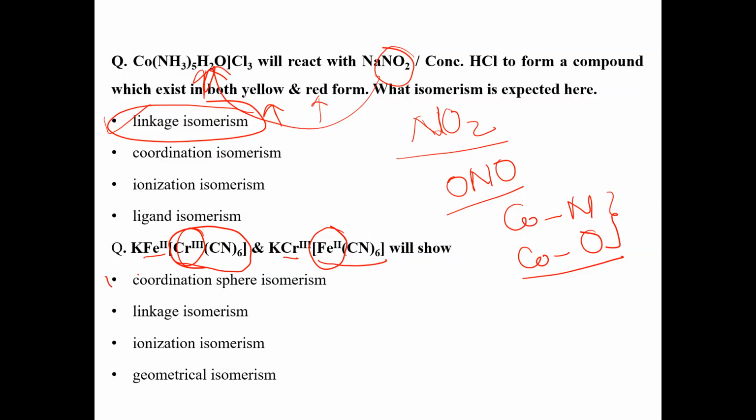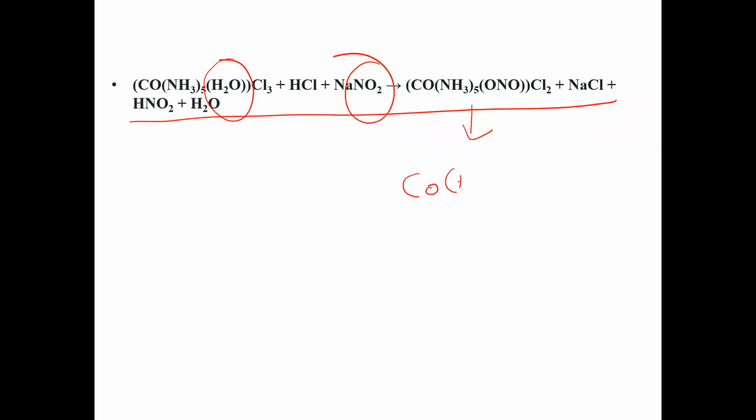So you will be getting coordination sphere isomerism. Basically this is a reaction I have already explained. The water molecule will be replaced by this NO2 ligand, or it can exist as this one also, right?